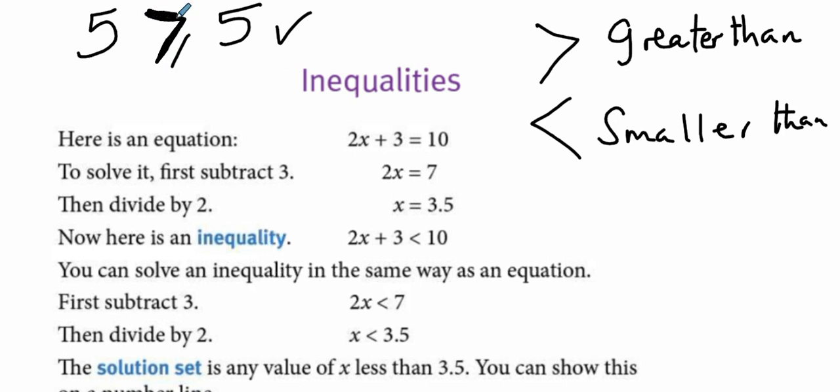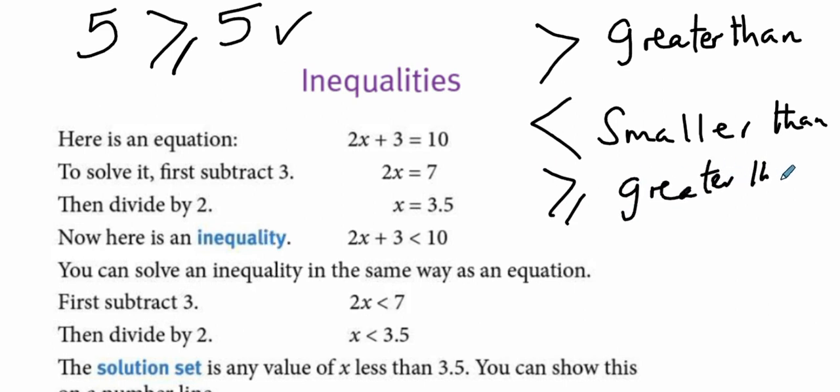One is greater than, but 5 is not greater than 5; it is equal to 5. So this inequality over here is known as greater than or equal to. There are two English words there.